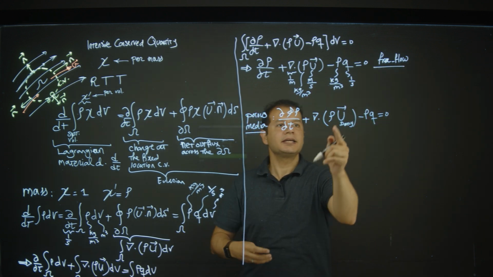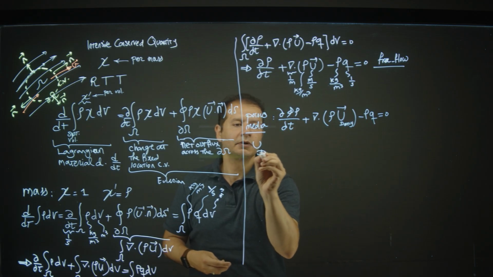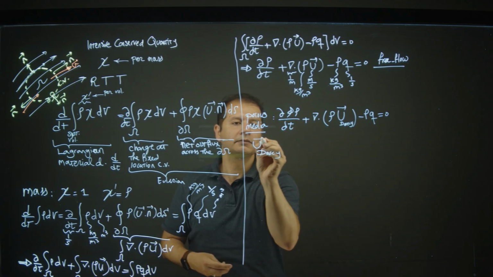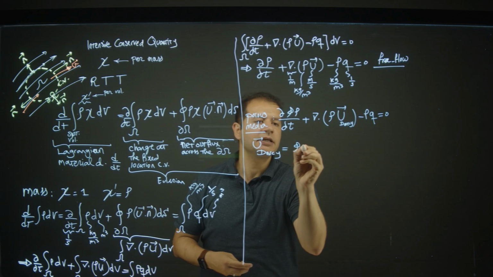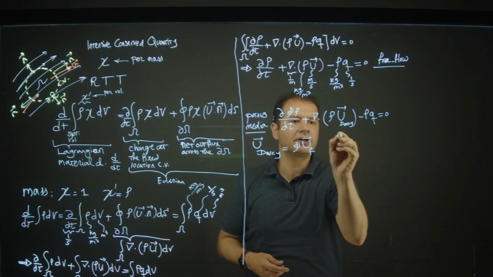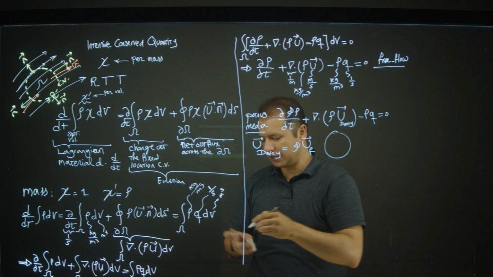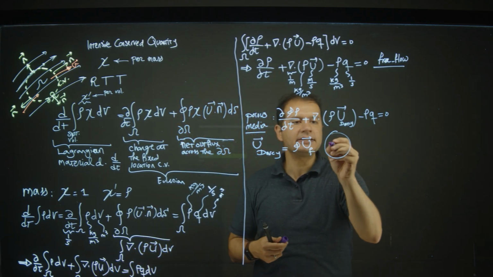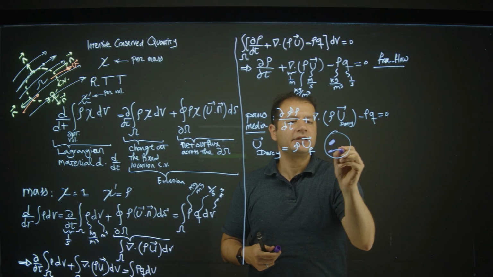It's only that here U Darcy is porosity times velocity of the fluid. And that's because if I have a cross section like that and I have grains here, that will stop, obviously.